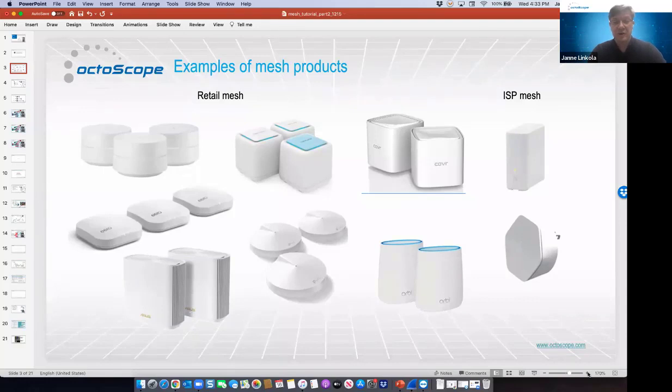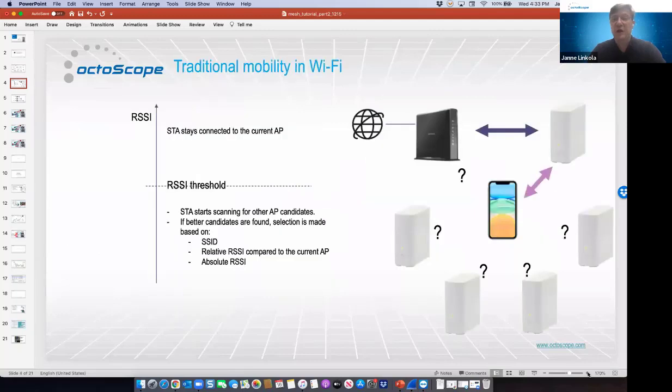Namely, it's the first time we have multiple Wi-Fi nodes in the home interacting with each other to deliver the service. And this introduces all sorts of new challenges. The main thing being mobility, right? How should a station that is moving across the Wi-Fi network roam?